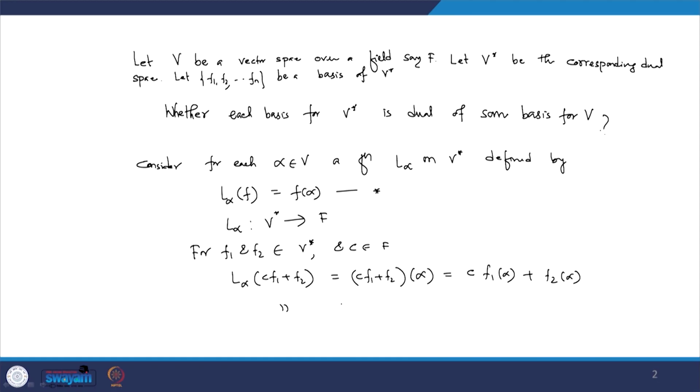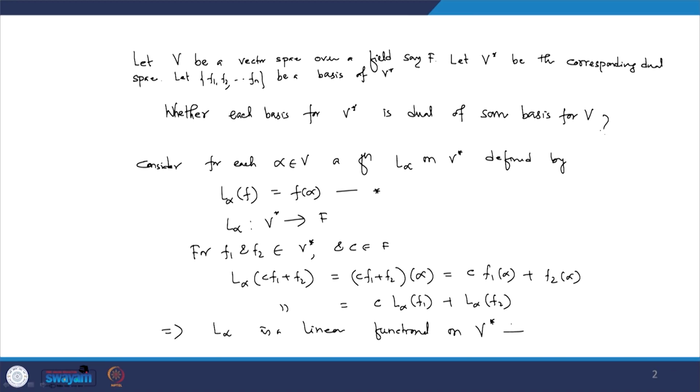So, this is equal to c times L alpha f1 plus L alpha f2. So, this implies L alpha is a linear functional on V star.